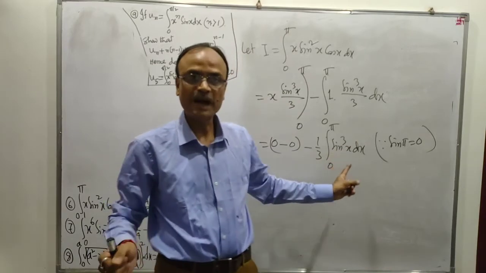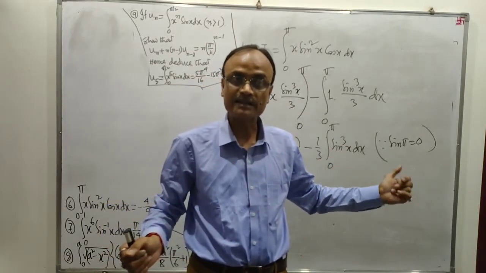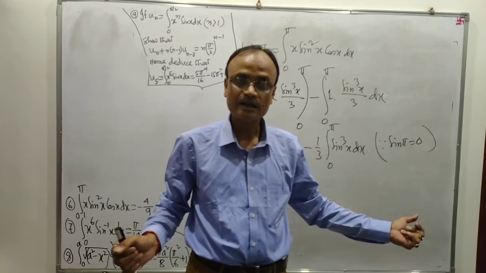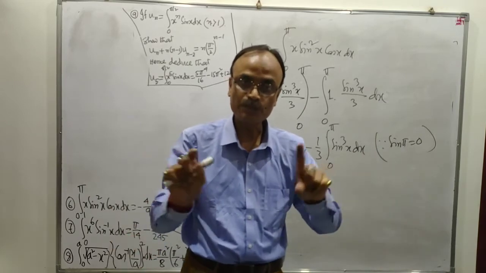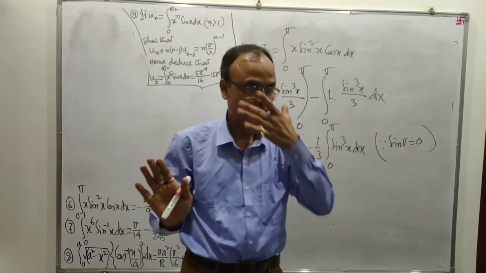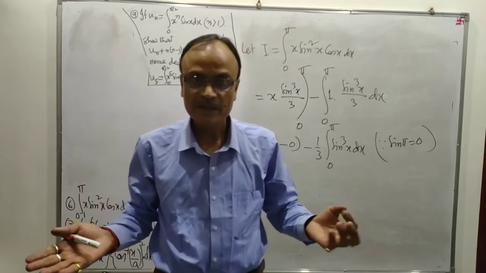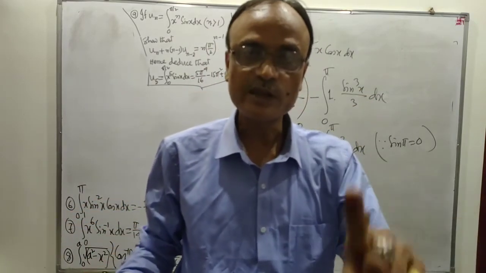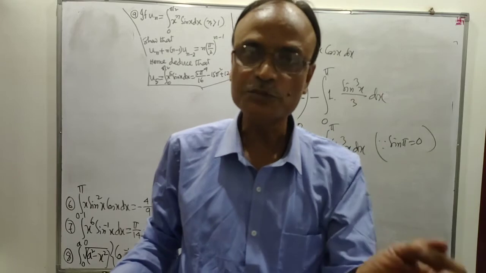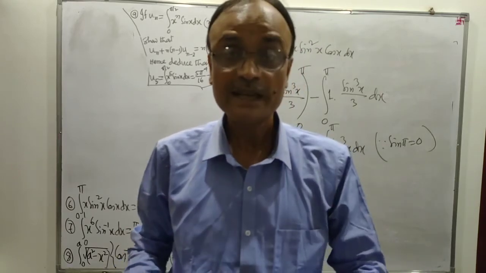You may find the integration from 0 to pi of sin cube x dx by using the property of definite integrals, or you know the formula sin 3x equal to 3 sin x minus 4 sin cube x.